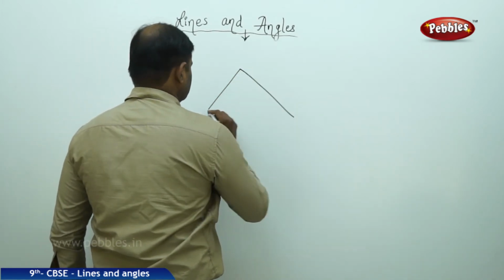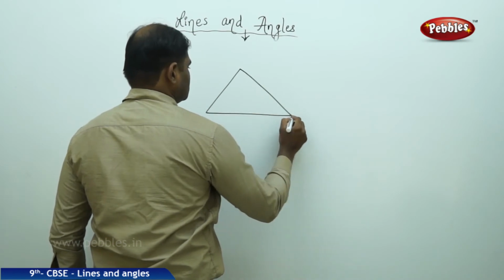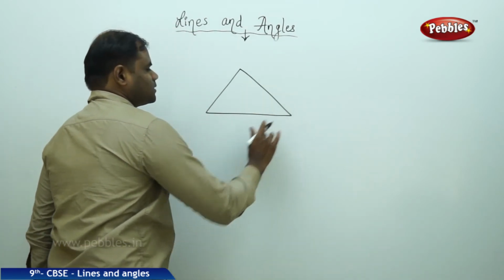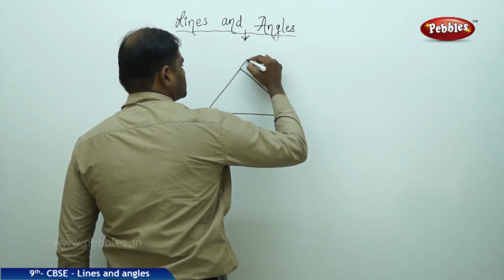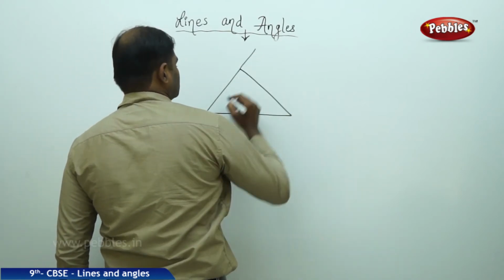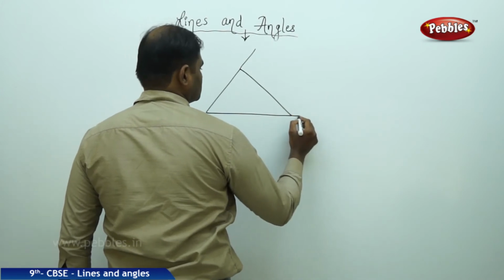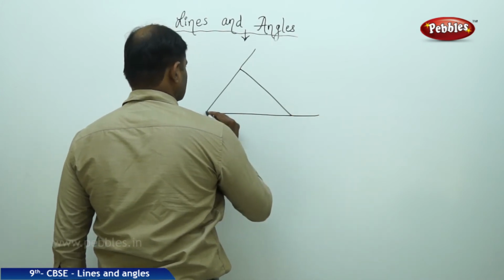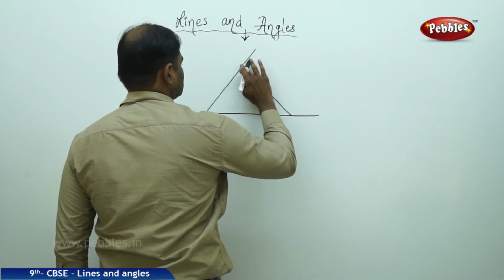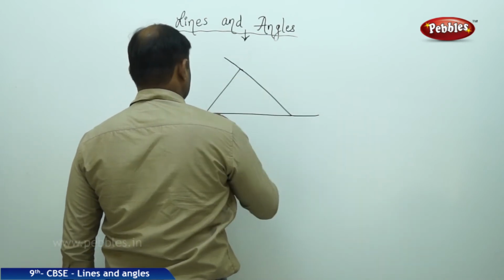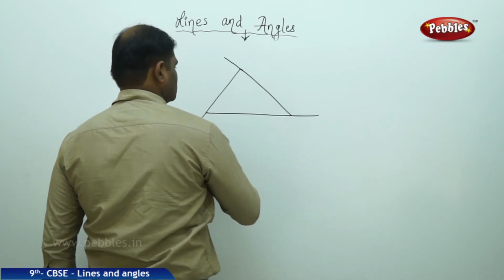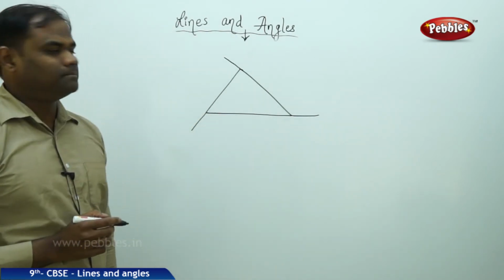As we see here, here is a triangle. I can clearly extend these lines out here.